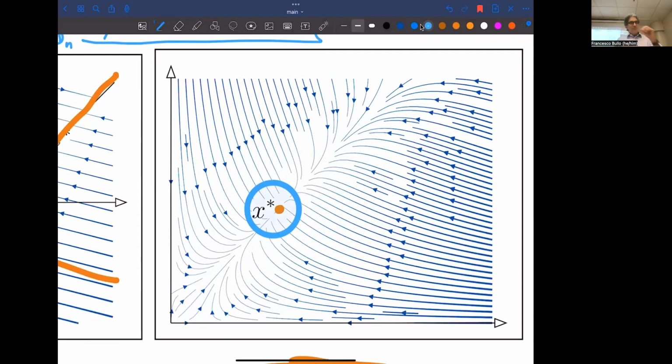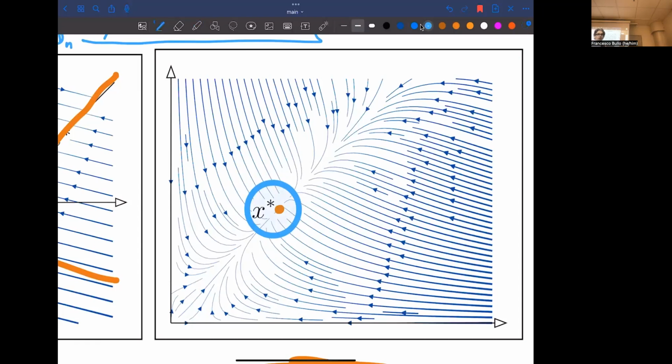So if there's one equilibrium, and it's not locally asymptotically stable, it's just one equilibrium, then as we said, every equilibrium has to be stable because of the non-expansiveness property.